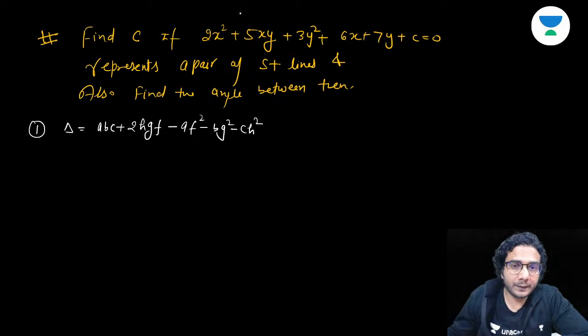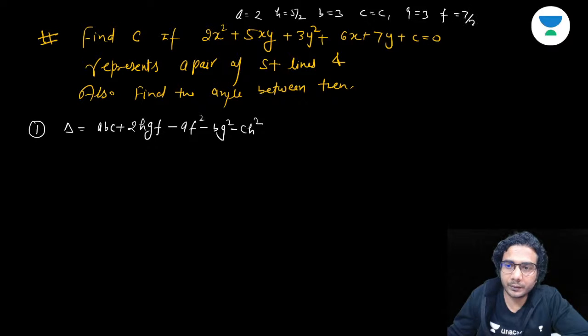Okay, let me write the values first. A is equal to 2, H is equal to 5 by 2, B is equal to 3, C is equal to C, G is equal to 3, and F is equal to 7 by 2. So let's put these values here.